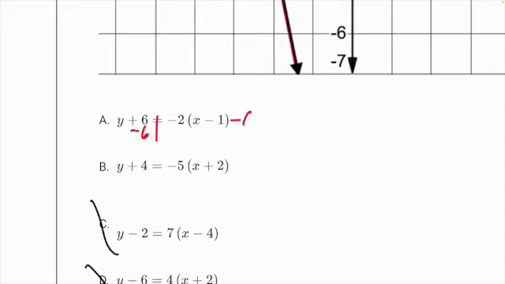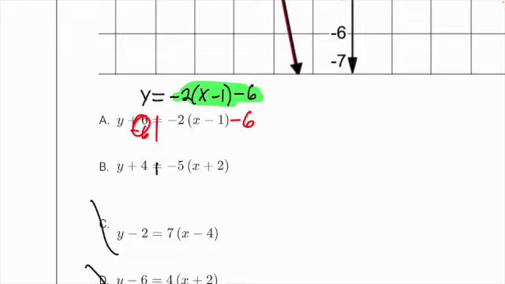Yeah, so I need to subtract 6 on both sides. Guys, go ahead and write that down on your scratch paper for me, that we need to subtract 6. This 6 now goes away, and I'm left with y equals -2 parentheses x minus 1 minus 6. And guys, guess what? This I can graph.